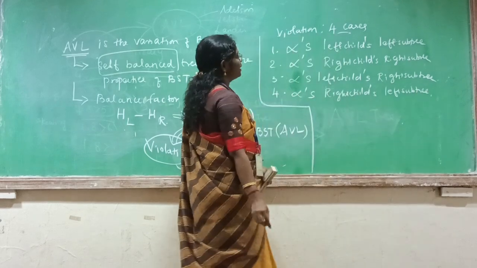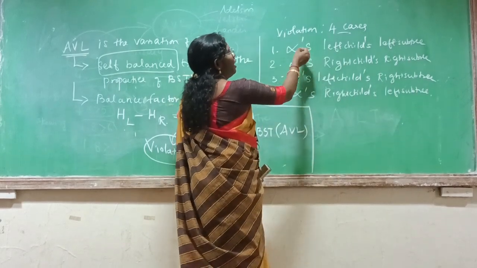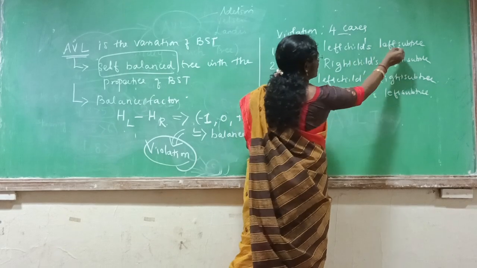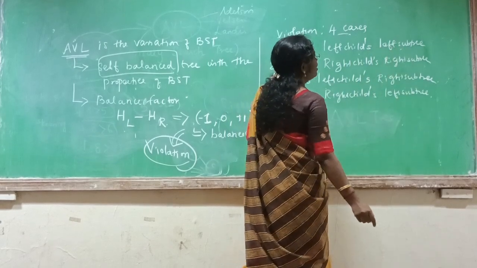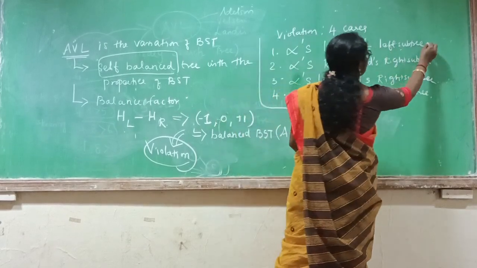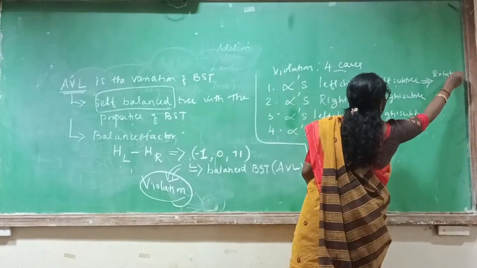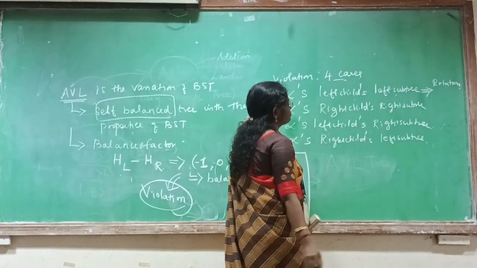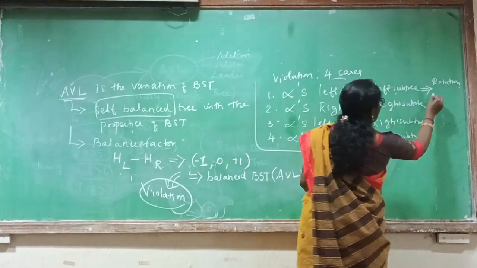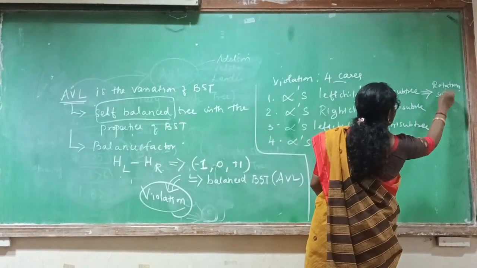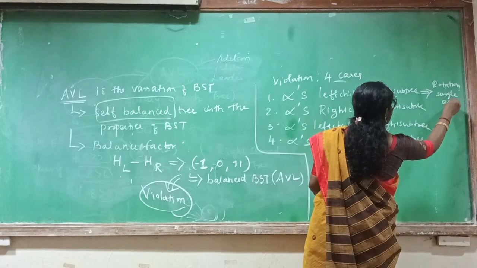Whenever we encounter a situation like alpha's left child's left subtree violation, then we are supposed to perform rotation, like single rotation and double rotation.